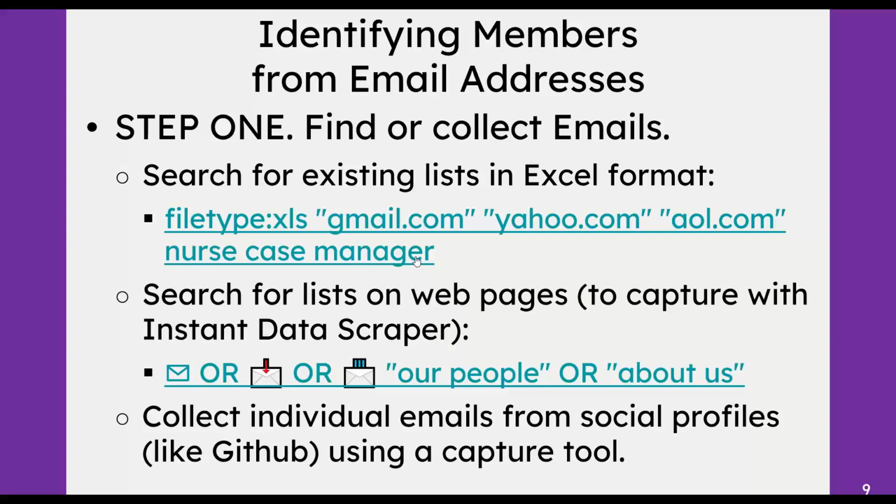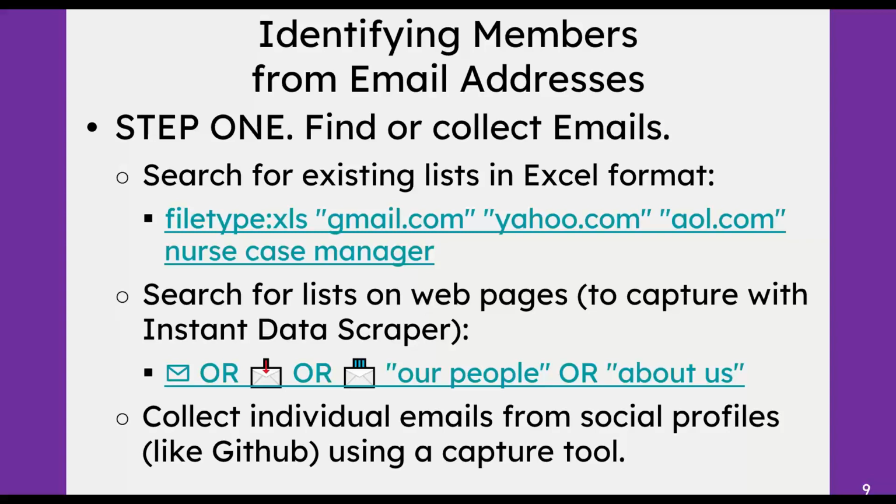Ideally, I'll be finding a list of nursing or allied health professionals, including at least one nurse case manager or a nurse and a case manager. Either way, probably the right type of list if I find one. There are several results for this search. When you get a list in Excel, you can just download it, go in, copy the email column, boom, good to go. You can also find lists on web pages.